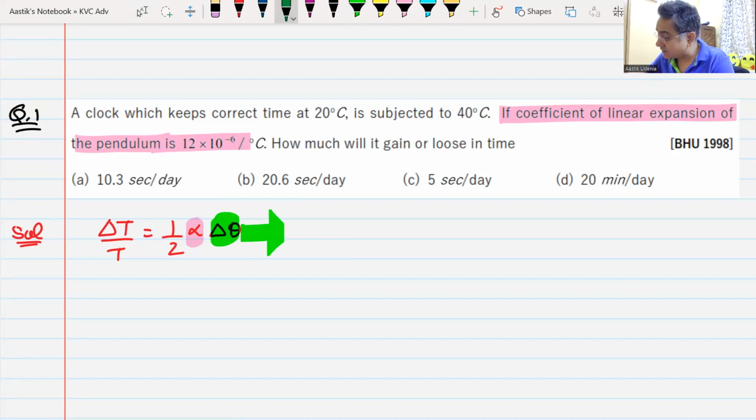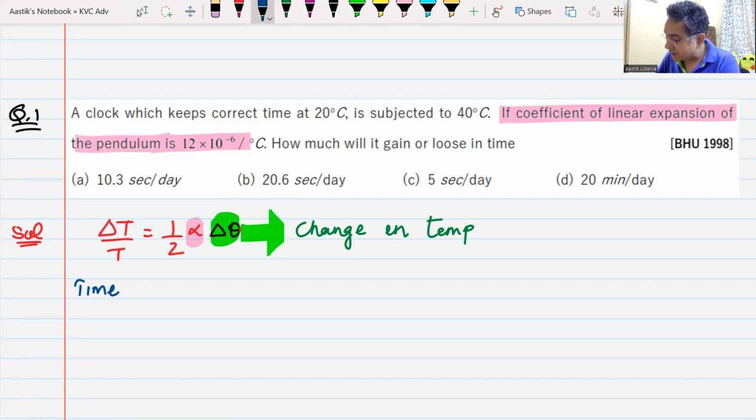This delta theta is the change in temperature. So from this formula, I will get the time. Will it gain time or will it lose time?